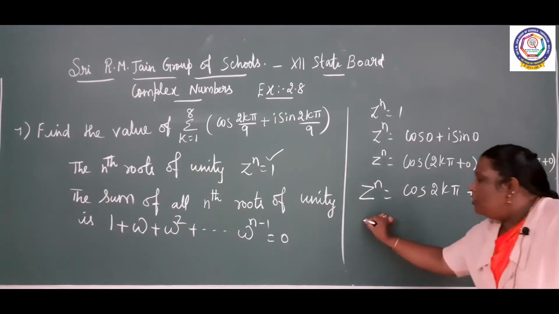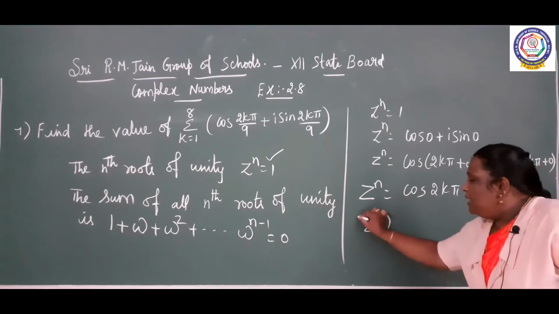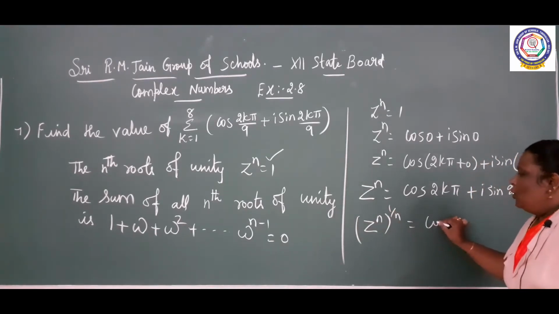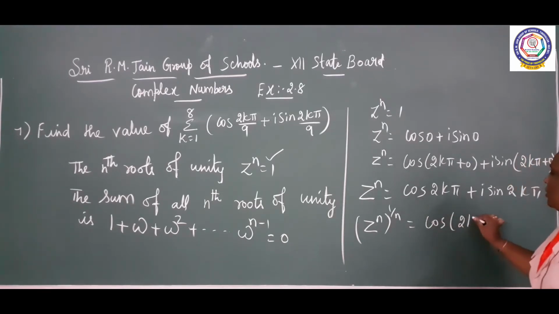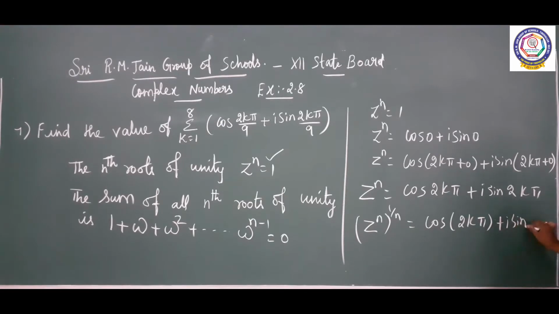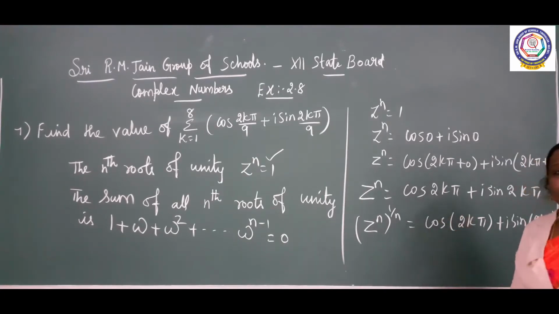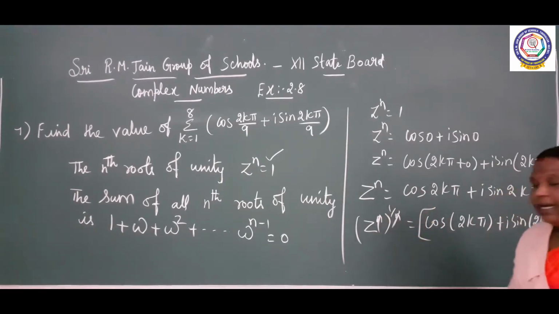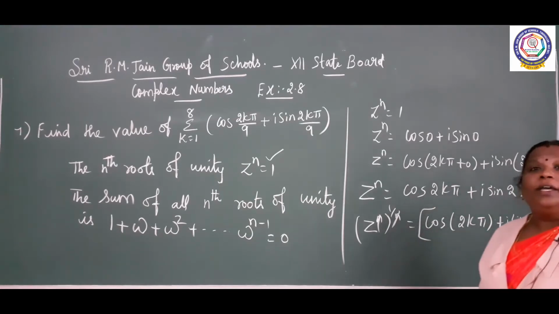I want the value of z alone. Z power n whole power 1 by n equals cos of 2k pi plus i sin of 2k pi, whole power 1 by n. Because we raise it on both sides, the n gets cancelled. What is the value of z?